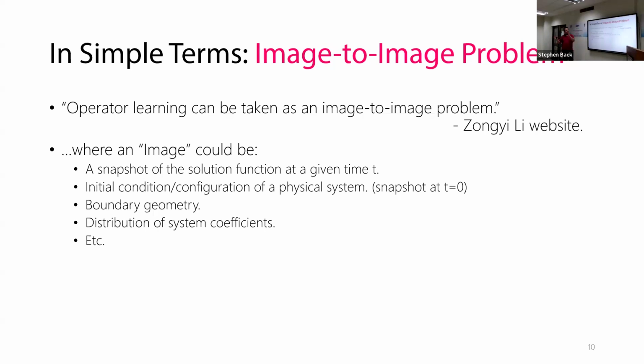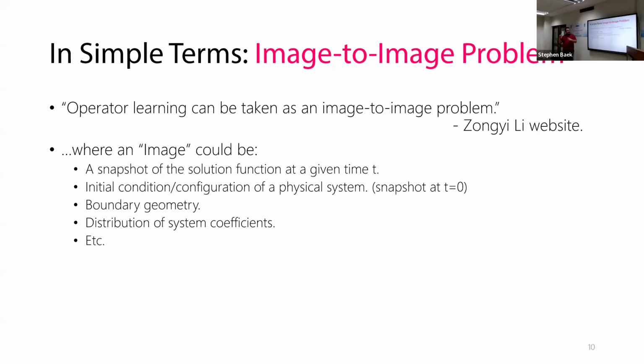A snapshot of a velocity field at an arbitrary time t, predicted from things like the initial condition or initial configuration of the physical system. This is what the system looked like at time t equals 0, given as a function, as an image. And from that image, you want to predict a snapshot of the physical system at an arbitrary time t, a usual prediction problem.